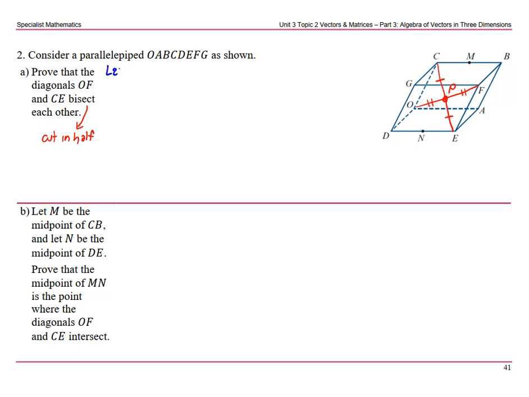So let vector A be OA. So that's there. Vector C be OC. So there. And vector D be OD.